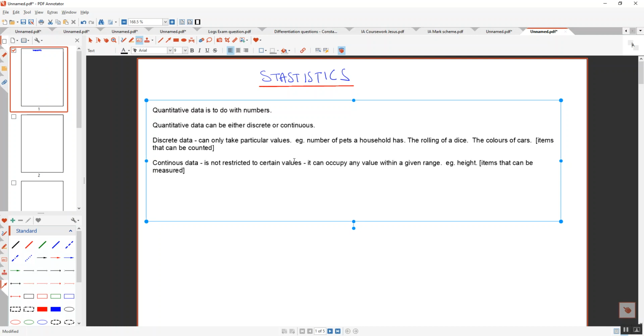So continuous, something that can be measured. Discrete, something that can be counted. So they may give you some data and say, is this data discrete or continuous? And you will need to say it is discrete because it contains items that can be counted, or it's continuous because it can be measured. Okay, so you need to learn these definitions.